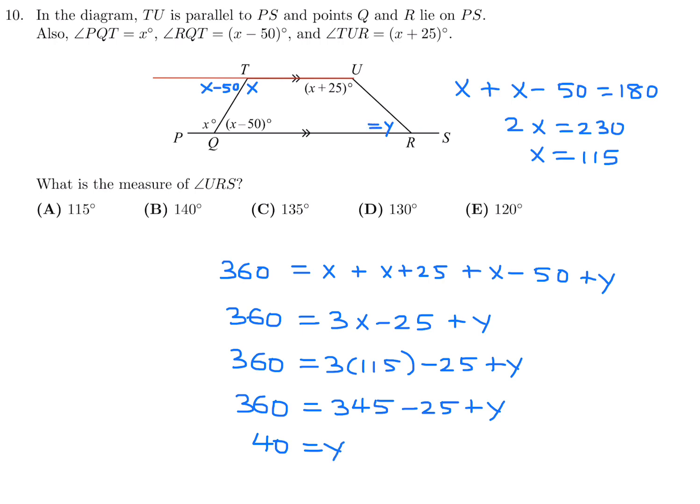So this angle in here is 40. Now to get this angle, which is what we want, we would just subtract from 180. So URS, that angle, would be 180 minus that Y. So it's 180 minus 40, and that is 140. So number 10, the answer is B.